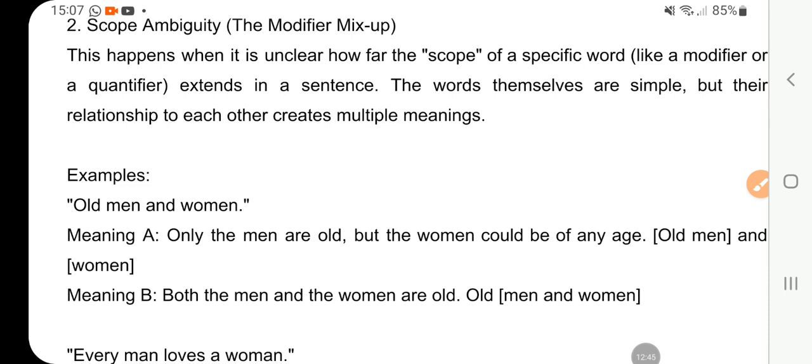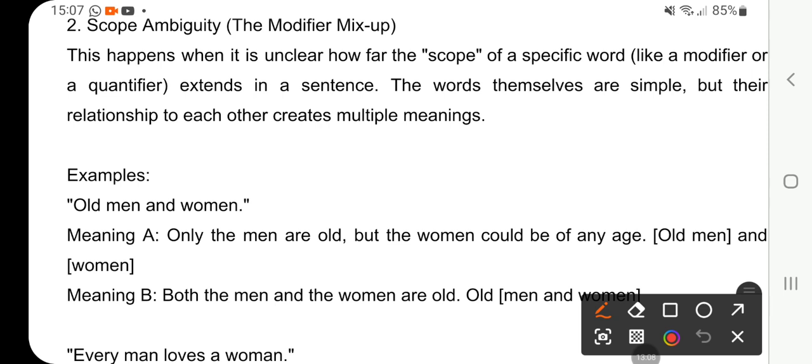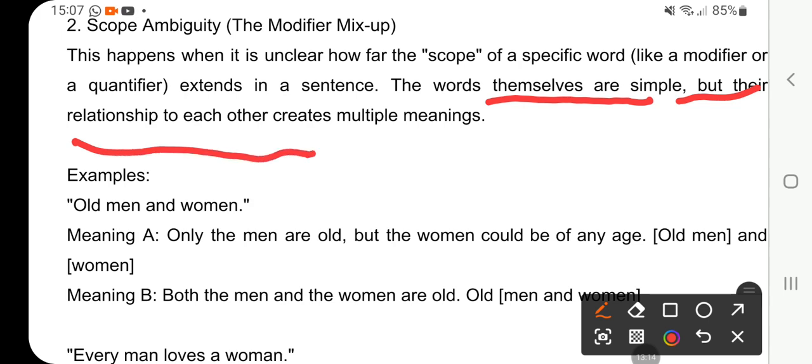Or a quantifier is a word used for showing quantity. So let us see what this is. The words themselves are simple, but their relationship to each other creates multiple meanings. Important. Words themselves are simple, but their relationship to each other creates multiple meanings, right?